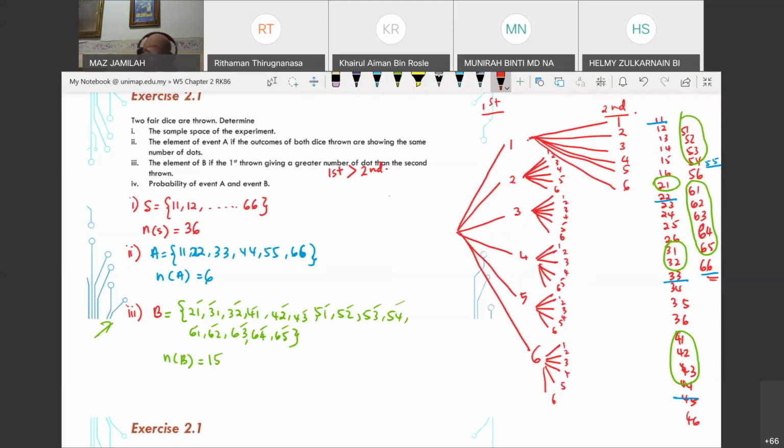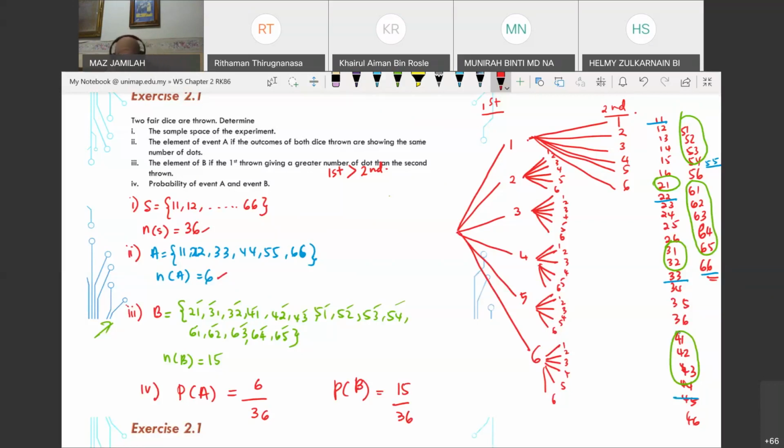For question number 4, the probability of A is the number of event A occurrences, 6, over the total sample space, which is 36. So it is 6 over 36. Probability of B is 15 over 36. As simple as that.